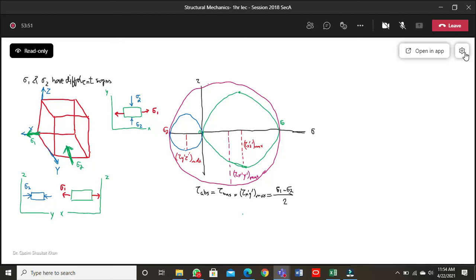Sigma 1 minus sigma 2 over 2. Is this clear, guys? Is this clear?